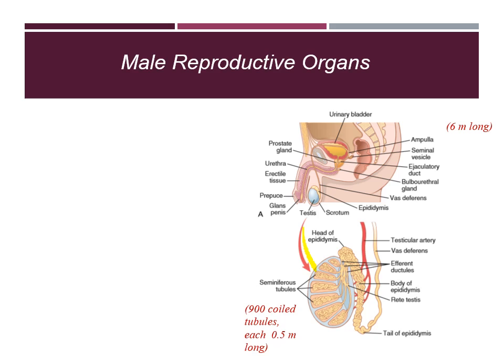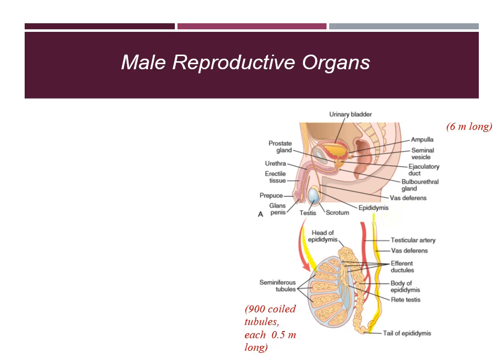Then the content in the seminiferous tubules will be transported into another coiled system or organ, which is called the epididymis. And the epididymis is also a tubular system that is 6 meters in length. The content of the epididymis will empty into the vas deferens.